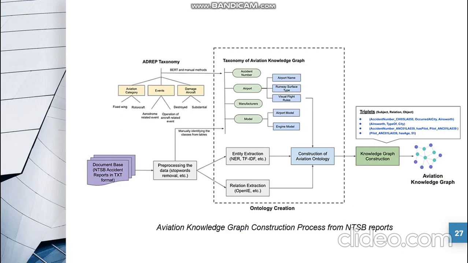Then the knowledge graph is constructed at the end in the form of triplets, that is subject, relation, and object. For example, the accident number, like its identity and its cause, and the object, is shown in the form of a triplet.